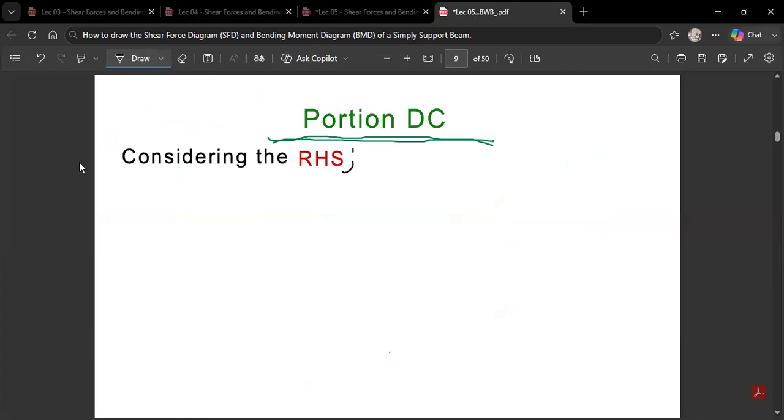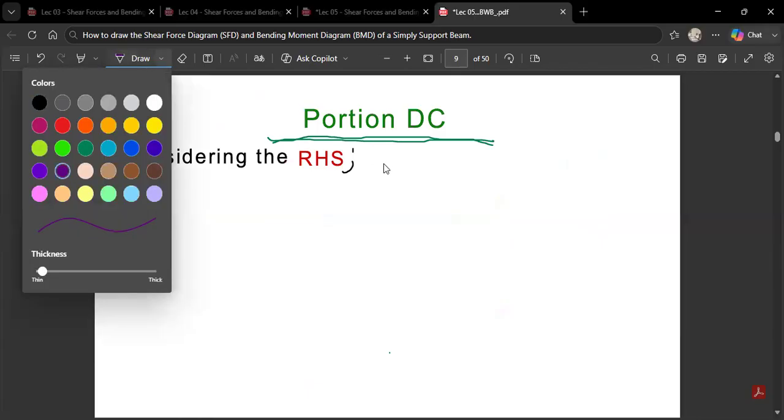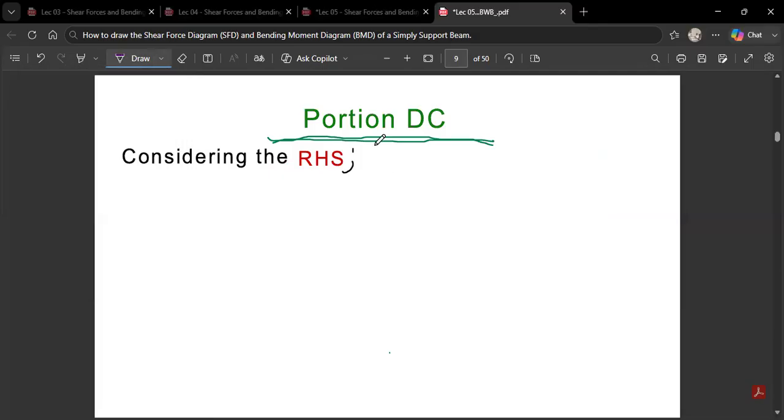And that is the interval is going to be what? 0 is less or equal to x less or equal to 3 meters.